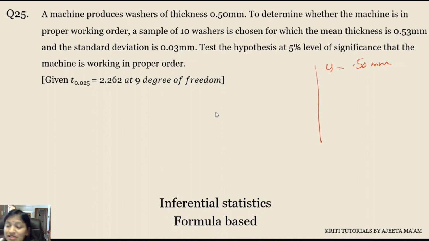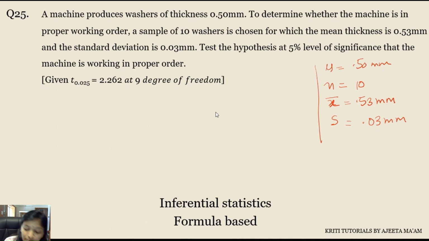Now, what is the sample size given to you? 10 washers are chosen, for which the mean thickness is 0.53 mm. So that is your x bar, that is sample mean. Now, standard deviation is given 0.03 mm. These values are needed for null hypothesis as well as for the t-test, right?